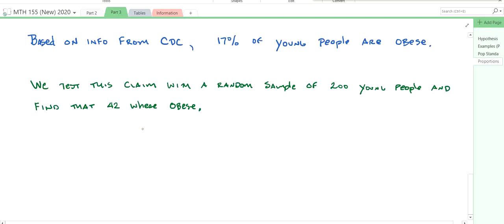So first off, n, our sample size, is what? 200. We had 200 in our sample size. Okay. And our sample number, 42. Let's do this level of significance 0.05.